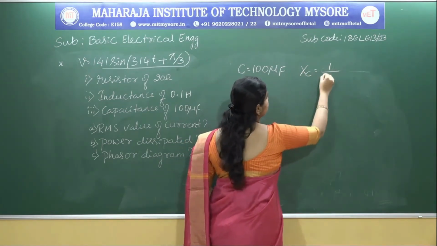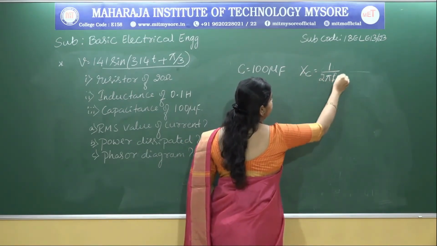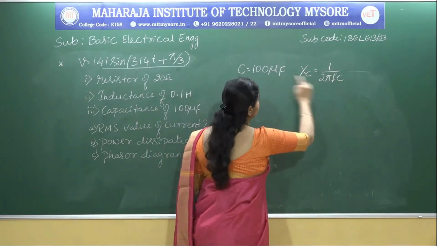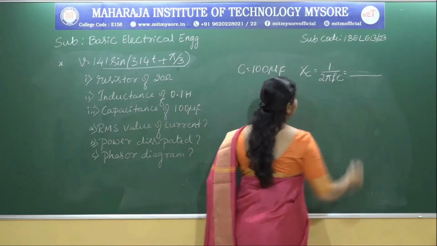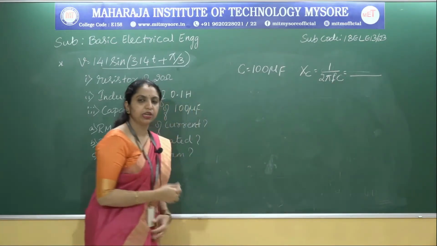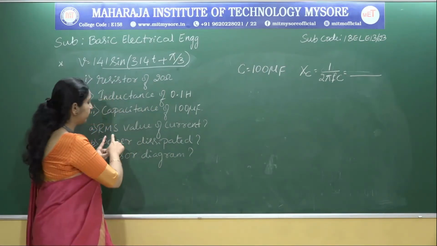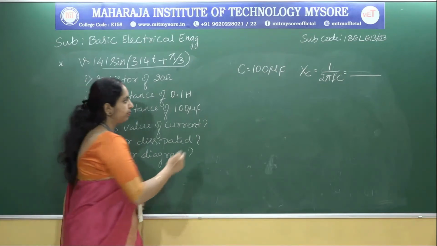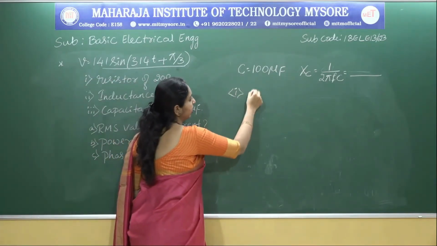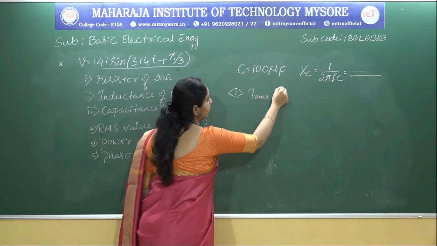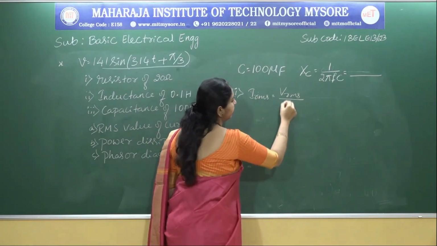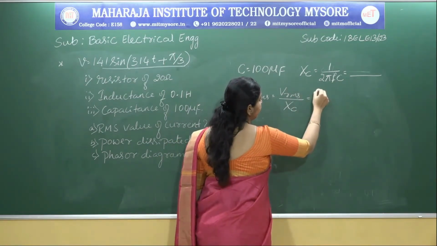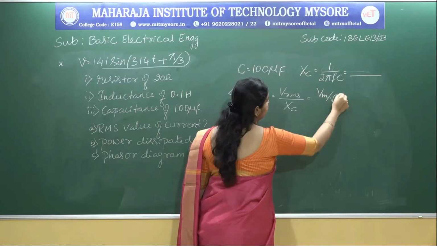Xc is equal to 1 by 2 pi f C. We know the frequency, so we can substitute the frequency and capacitance to calculate Xc. Then we calculate the RMS value of current: IRMS is equal to VRMS divided by Xc, where VRMS is Vm by root 2.